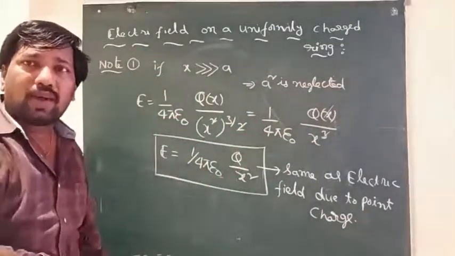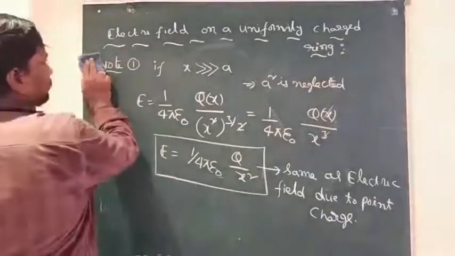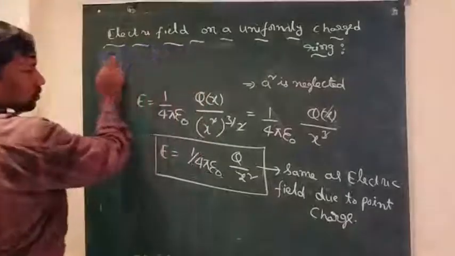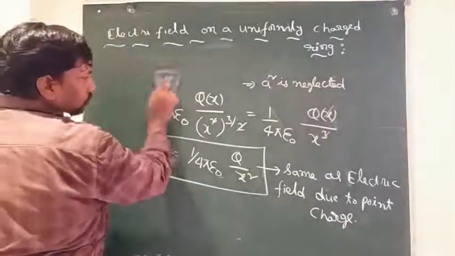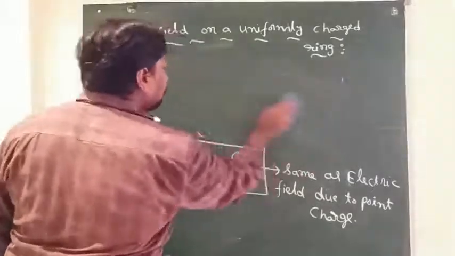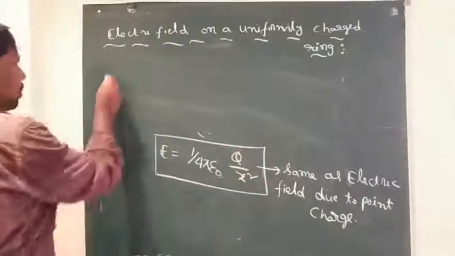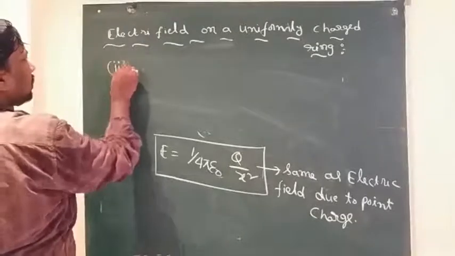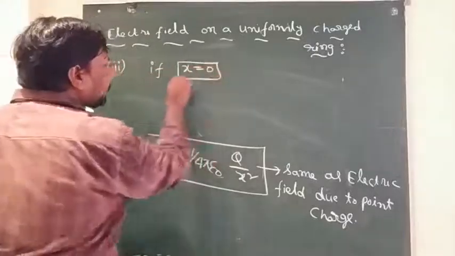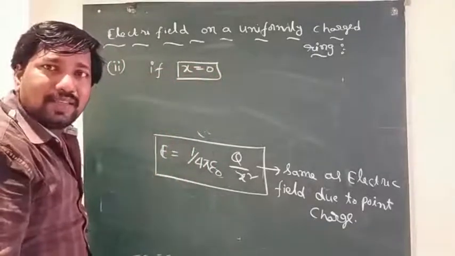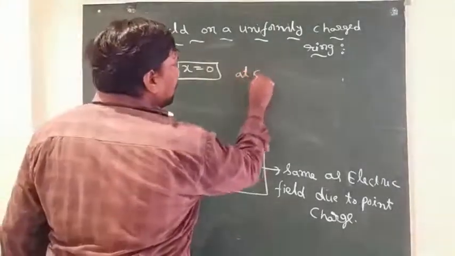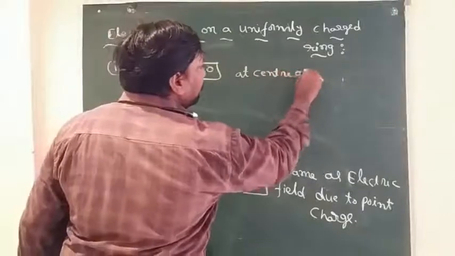The next note point, note point number 2: if x equal to 0, that means the given point is at the center of the ring.